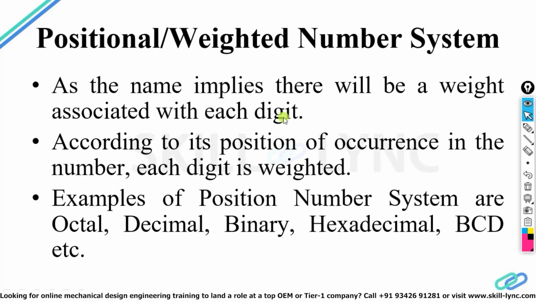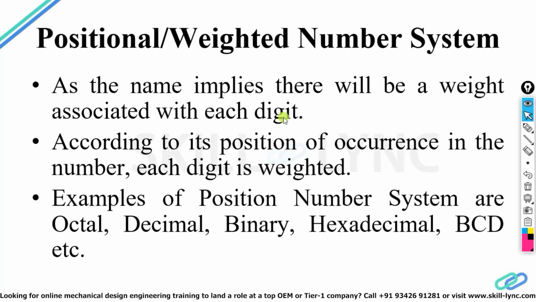So we will start with the positional number systems. First of all we will understand what a positional number system is, and then we will use this positional number system further. As the name suggests, positional means each digit has some weight as per its position in the number.